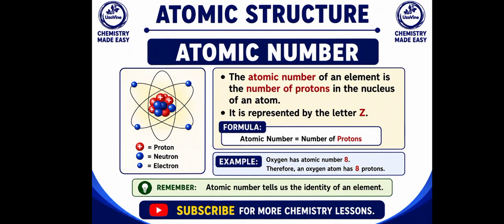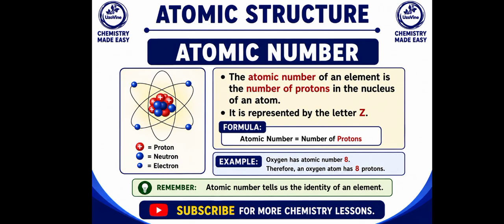Atomic number under atomic structure. What is atomic number? The atomic number of an element is the number of protons in the nucleus of an atom. Don't be confused.